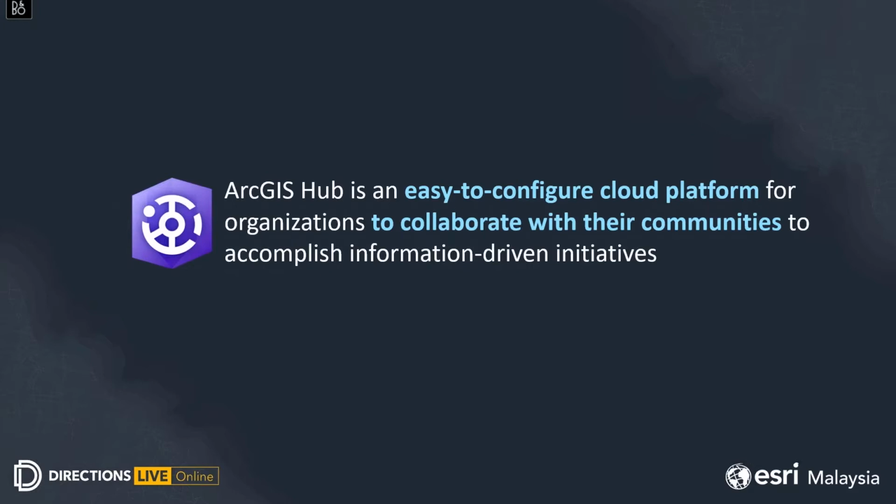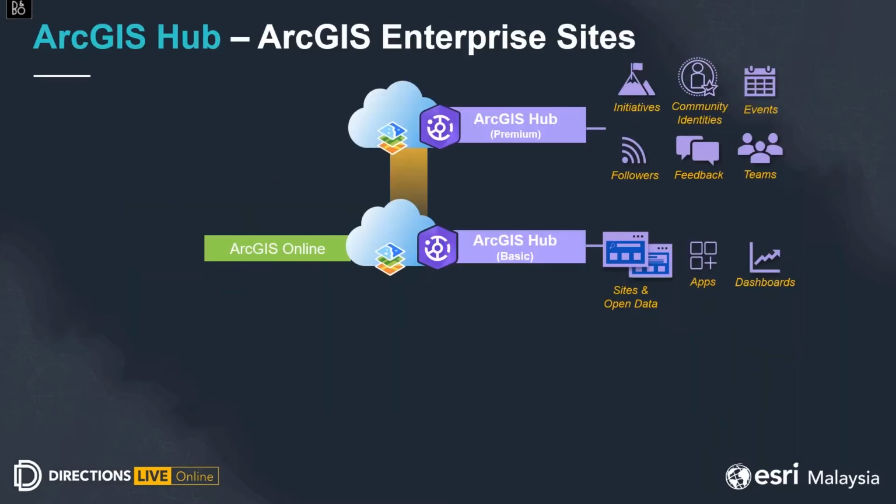It's an easy-to-configure cloud platform that allows you to collaborate with the community to accomplish information-driven initiatives, even with projects. The key here is that ArcGIS Hub is a part of ArcGIS Online, which comes in two flavors: ArcGIS Hub Basic and Hub Premium.